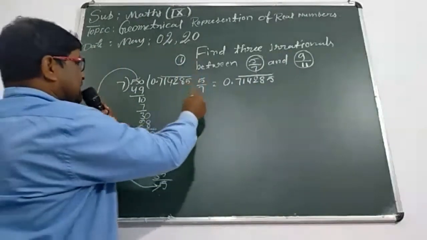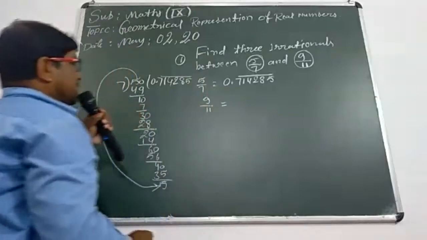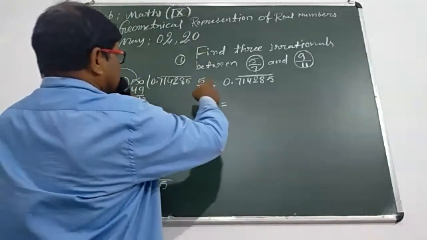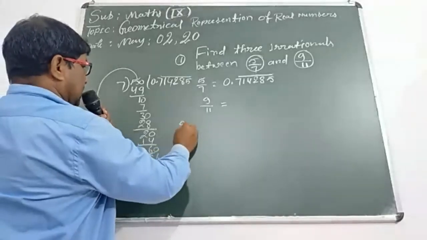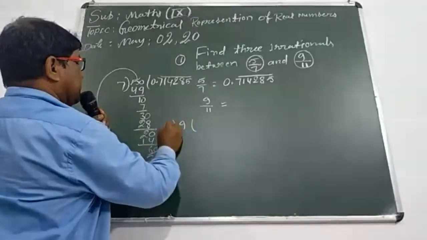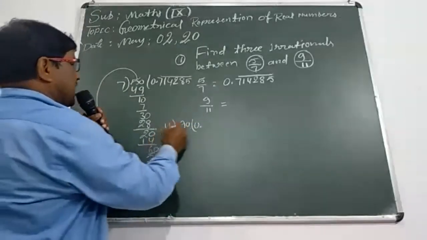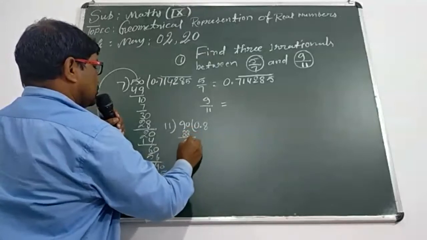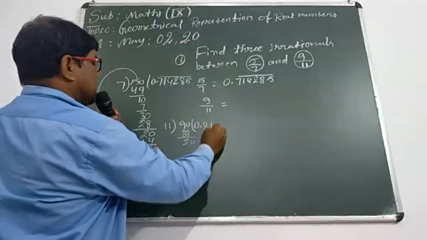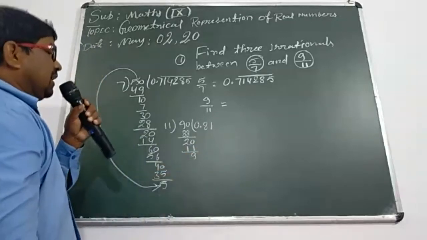Now the second rational is 9 upon 11. Similarly, we will change it into its decimal form. 9 divided by 11 now, 0.0 here, 11 8s are 88, 11 1s are 11, then 9.